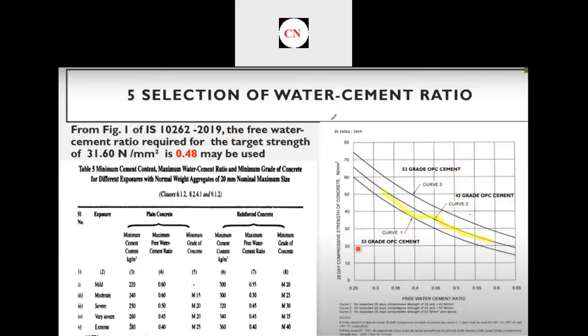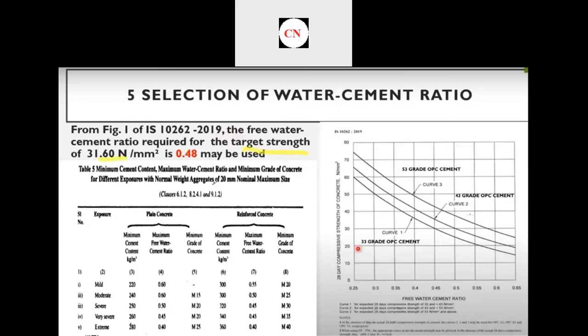Now to refer to this particular curve, we need some inputs. What are the inputs? As I said, the type of cement is one input, and another input is the target compressive strength.